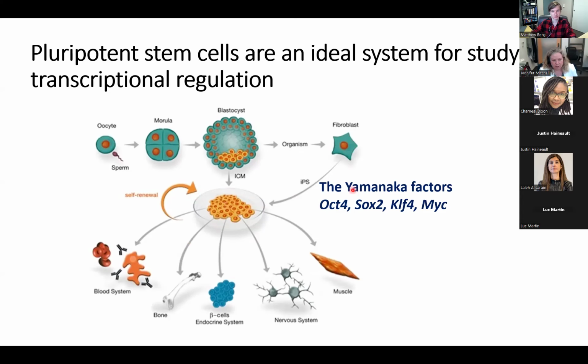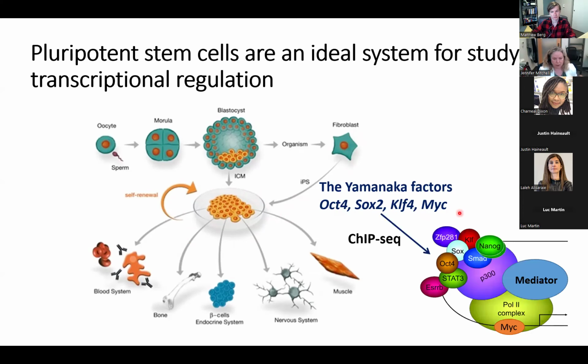That is because Takahashi and Yamanaka had shown that expressing these 4 transcription factors in a fibroblast would drive the cell to this induced pluripotent state, indicating that these transcription factors are really driving the acquisition of a pluripotent state, meaning that they're really important for the transcriptional regulatory network.